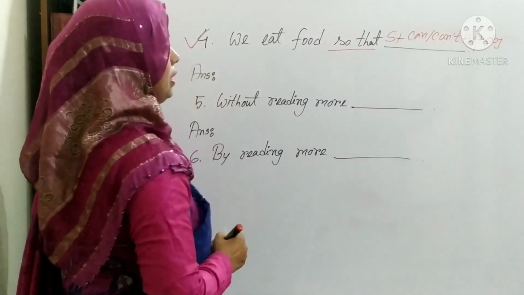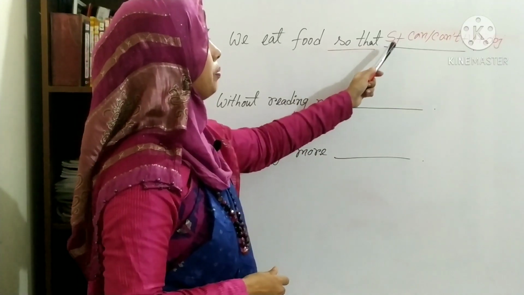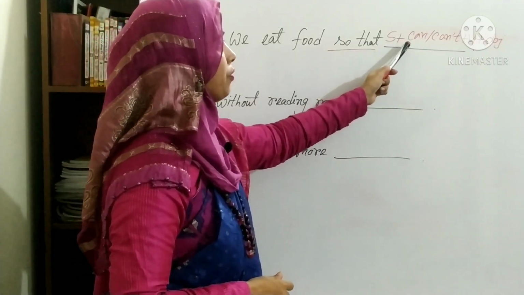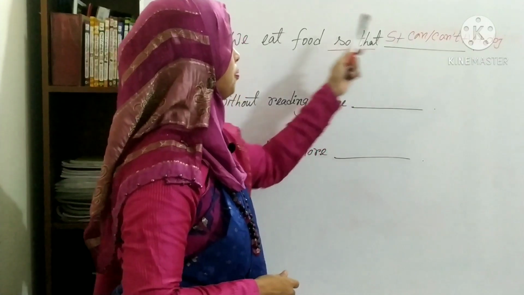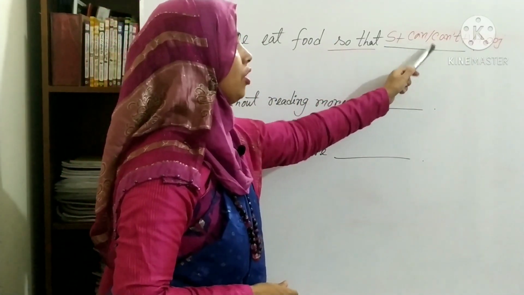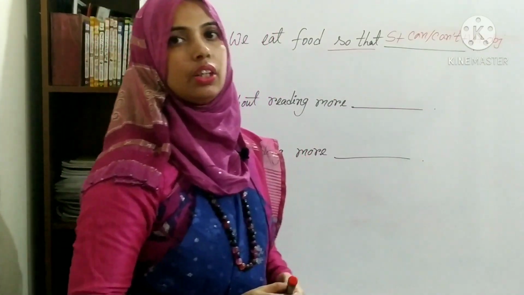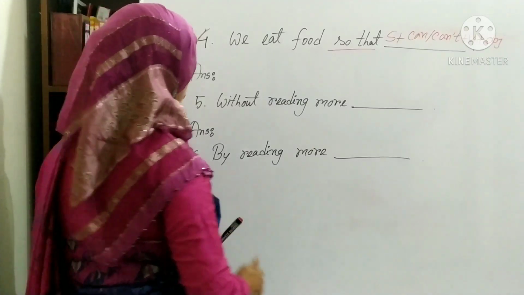That means the structure will be, after so that there will be subject and you have to add can or cannot. By understanding the meaning of the sentence, you will write can or cannot, and after that you will write V1 and then object.